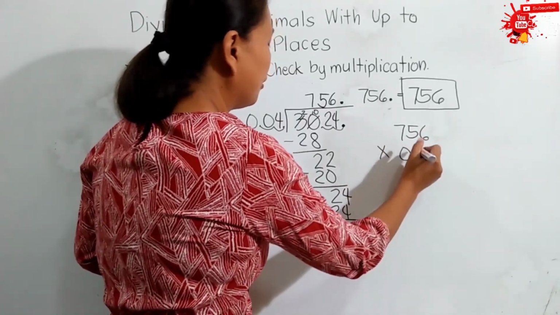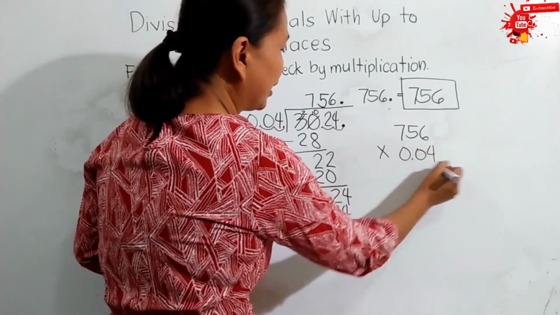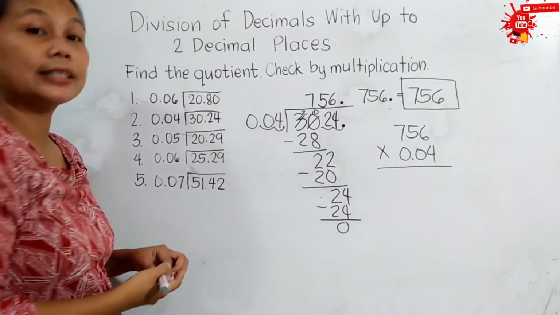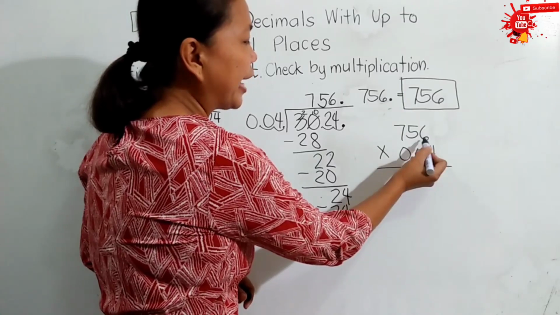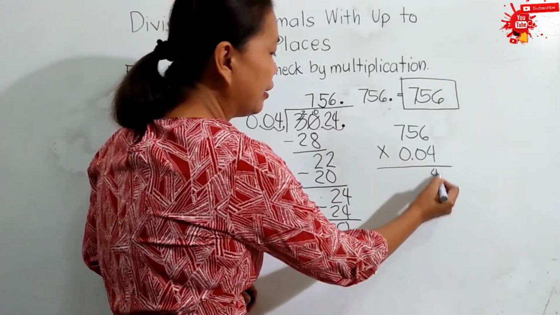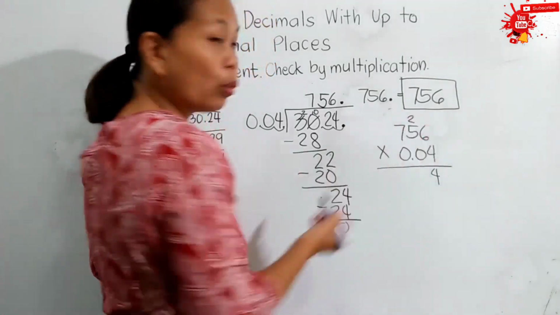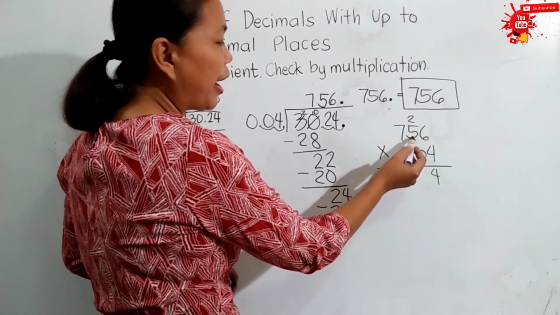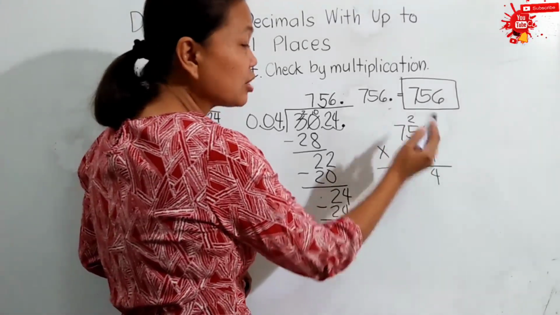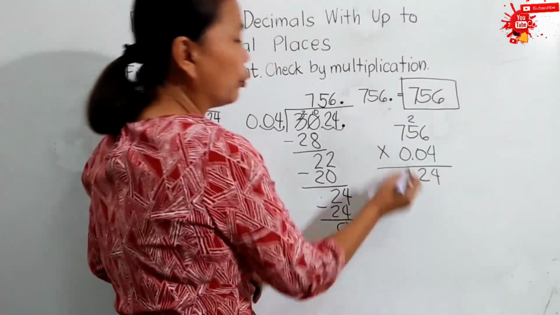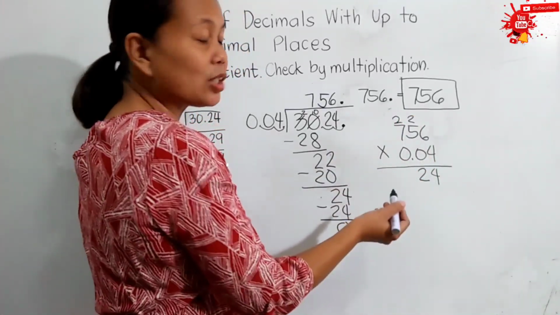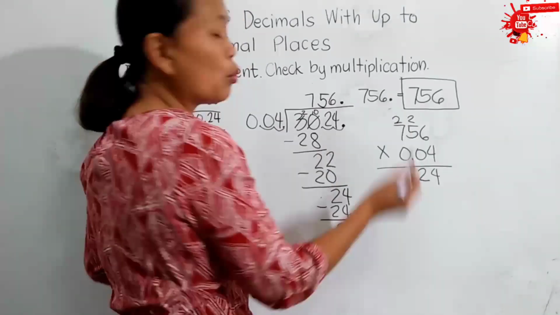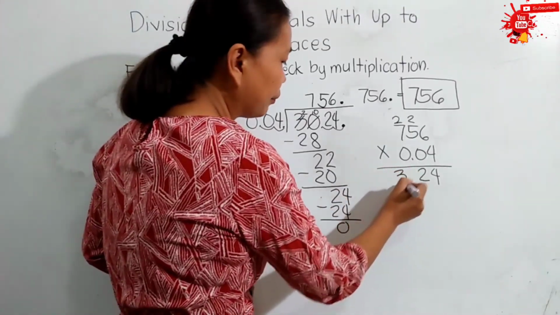So 756 times 4 hundredths or 0.04. So multiply ulit natin. 4 times 6, so 24. Carry 2. So 4 times 5, 20 plus 2, 22. Then carry 2 ulit. So 4 times 8 is 28 plus 2, 30.